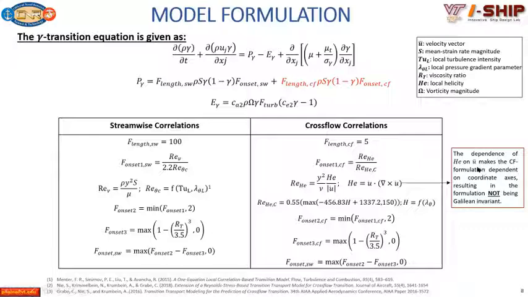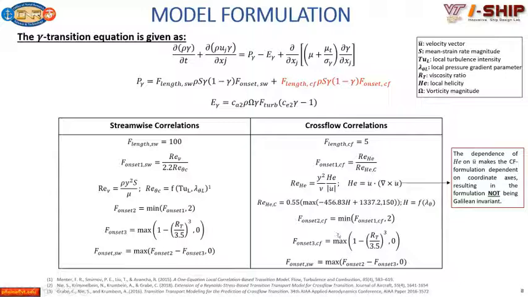And making it dependent on the velocity vector ends up removing the advantage of the model being Galilean invariant. And this is a prevalent disadvantage in all cross-flow transition formulations that have been made so far. These are the correlations that are followed and adopted from Ni et al. and Grabe and Krumbein's work.